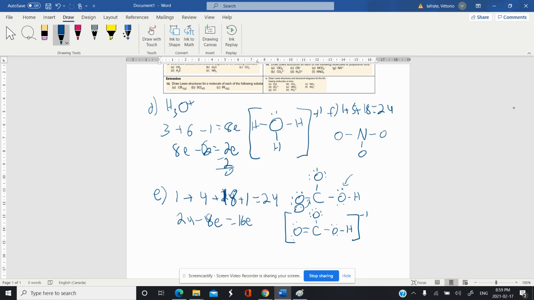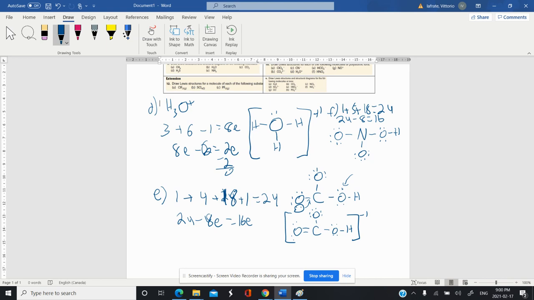We'll put our H connected there. So we did 24 minus 8 is 16. So we have 16 electrons left to place. So 1, 2, 3, 4, 5, 6, 7, 8, 9, 10, 11, 12, 13, 14, 15, 16.